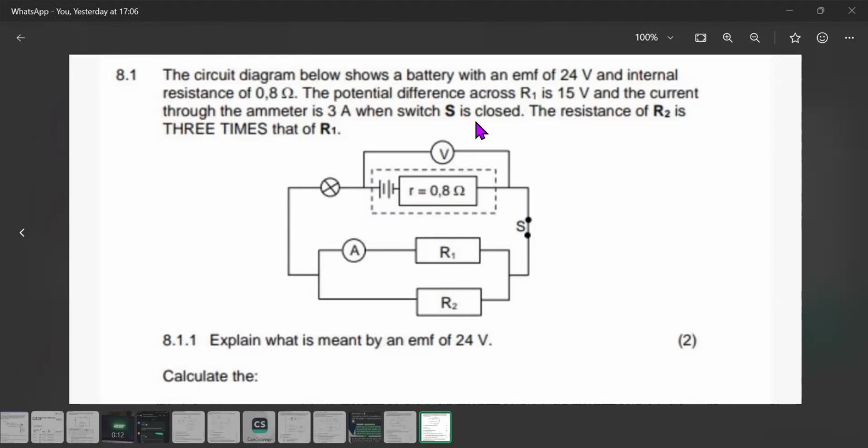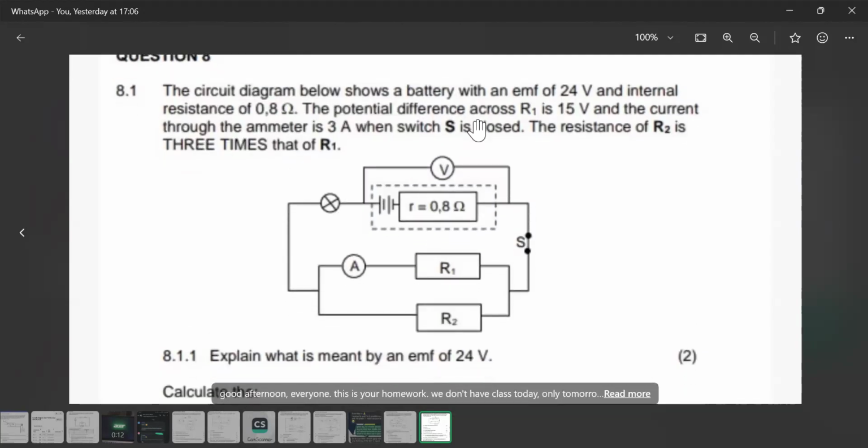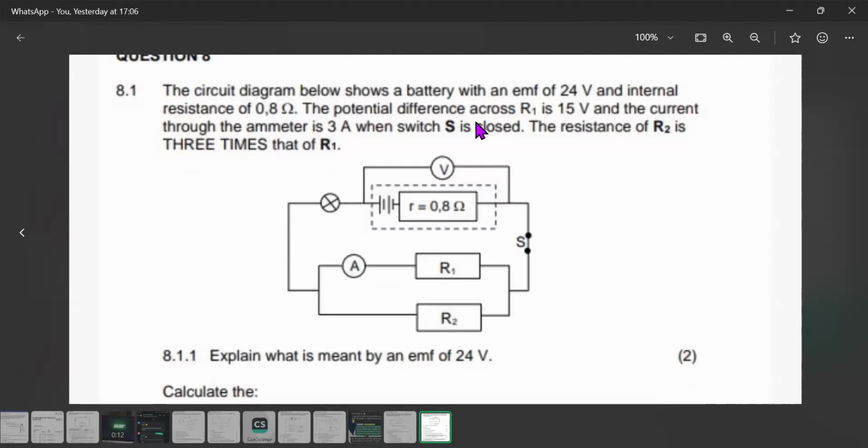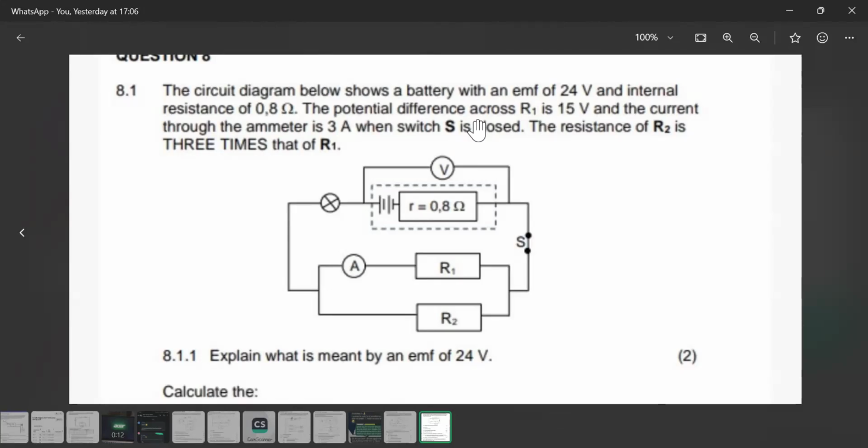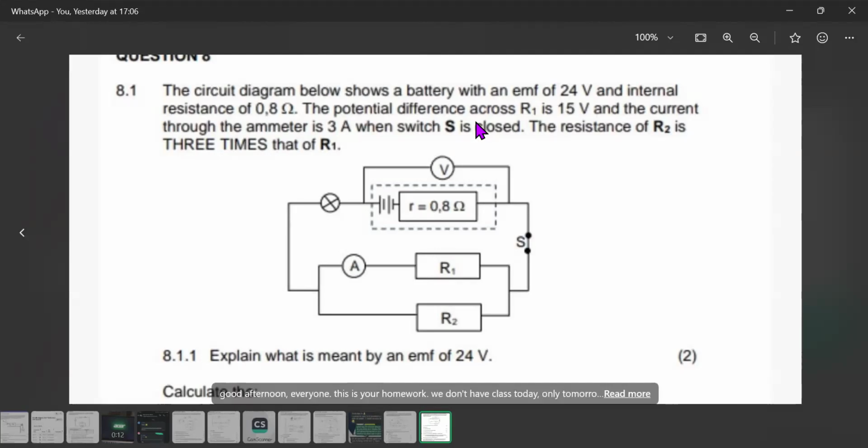That's fine. We are given the EMF of the battery, which is 24 volts. But we know that it's not the whole of 24 volts which is available to the resistors in the external circuit. We know that the internal resistor is going to come to this EMF and take a certain proportion from it, which we call V internal.